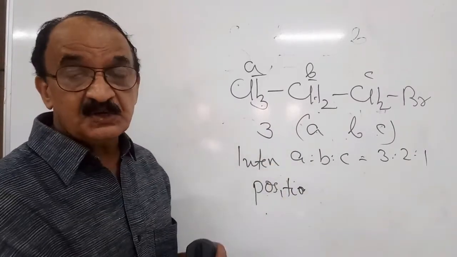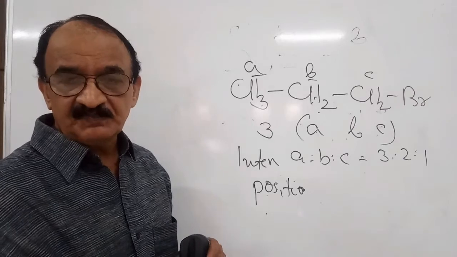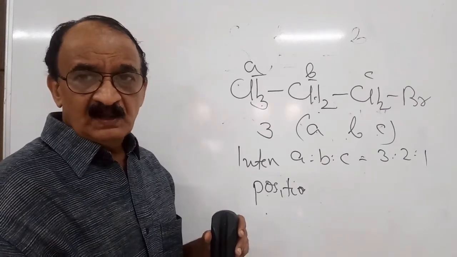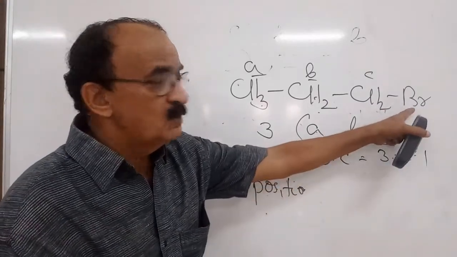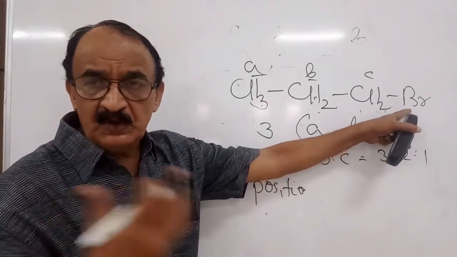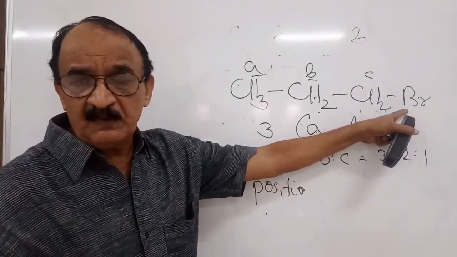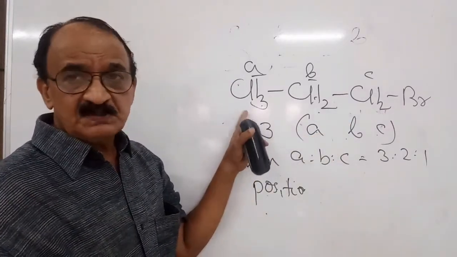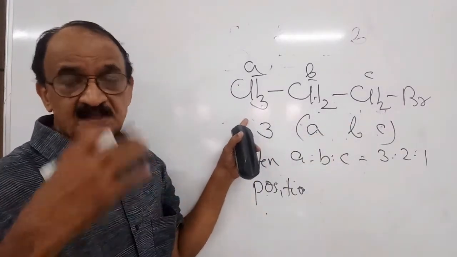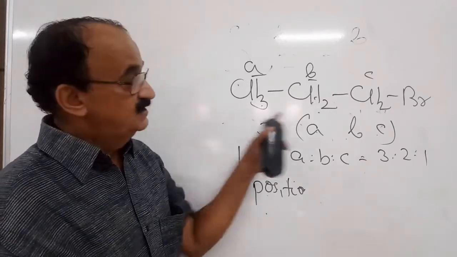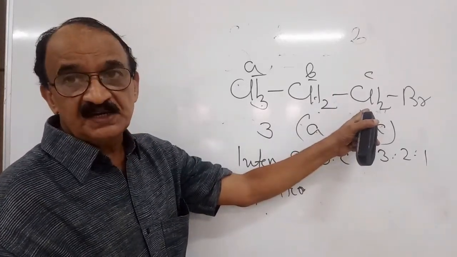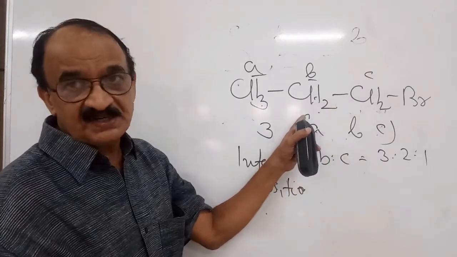Out of the 3 sets, you look at the position of the signals. Which one will be nearer to the TMS? More shielded. More shielded means having more electron density. And there is an electron withdrawing group, bromine, and that electron withdrawing group withdraws the electron density around the proton. And hence, this methyl group is having larger electron density, so this is more shielded. This will be least shielded. This is less shielded.